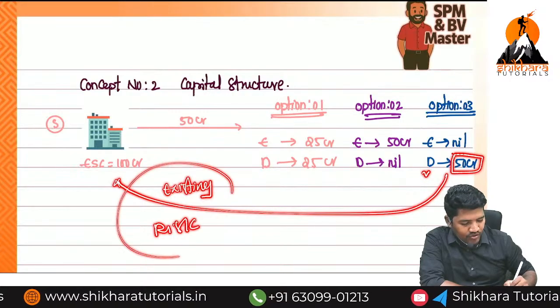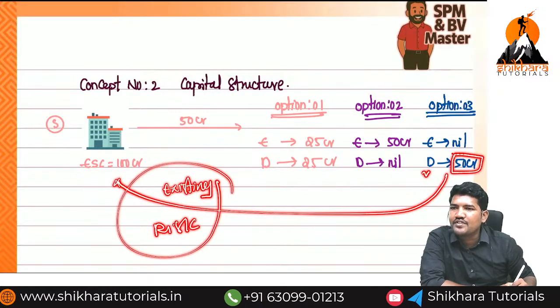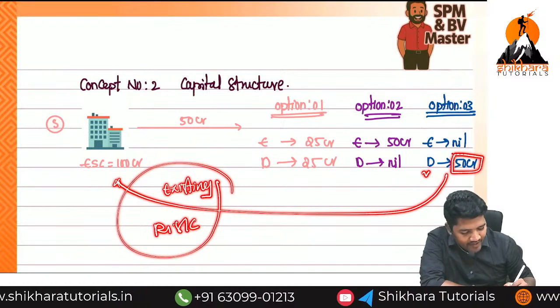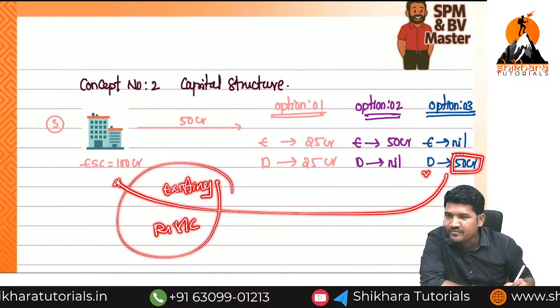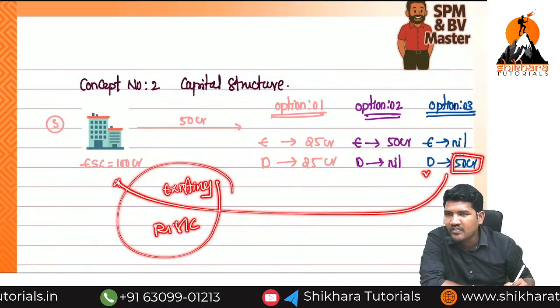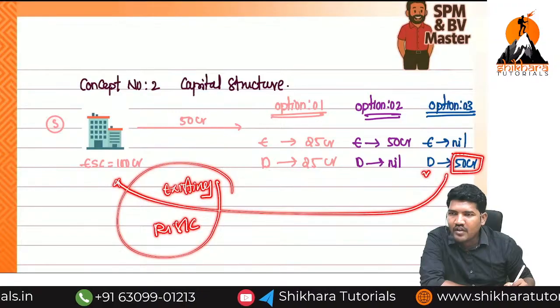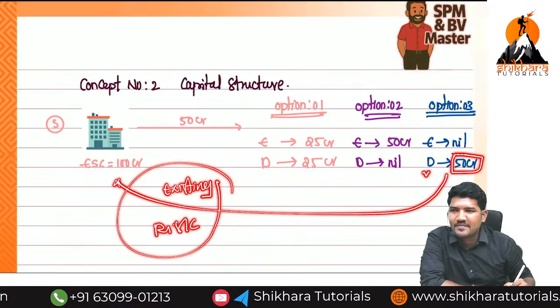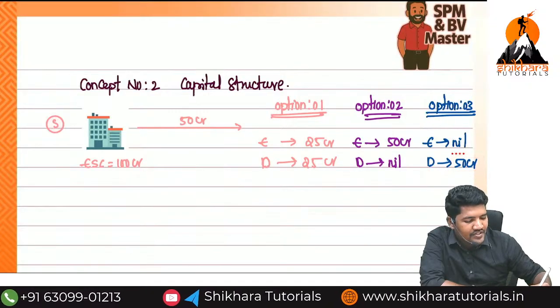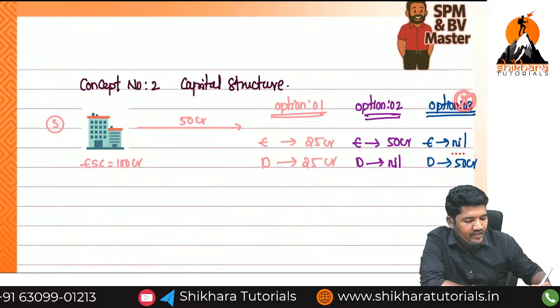Risk to whom? Existing owners. If risk comes into the company, do they leave or continue? As an owner, would you continue or leave? Leave. So if you want to continue, you will ask for extra expectation. That's why option 3 is not the best option, because the risk is there.